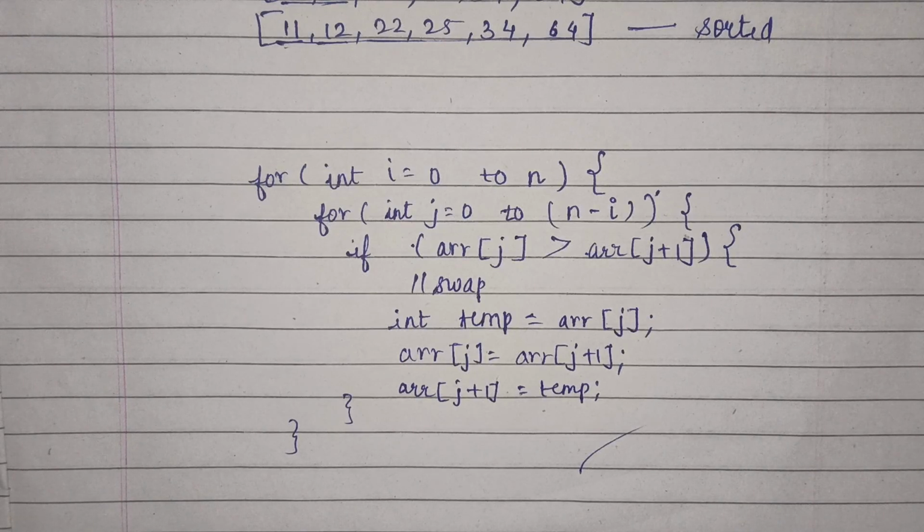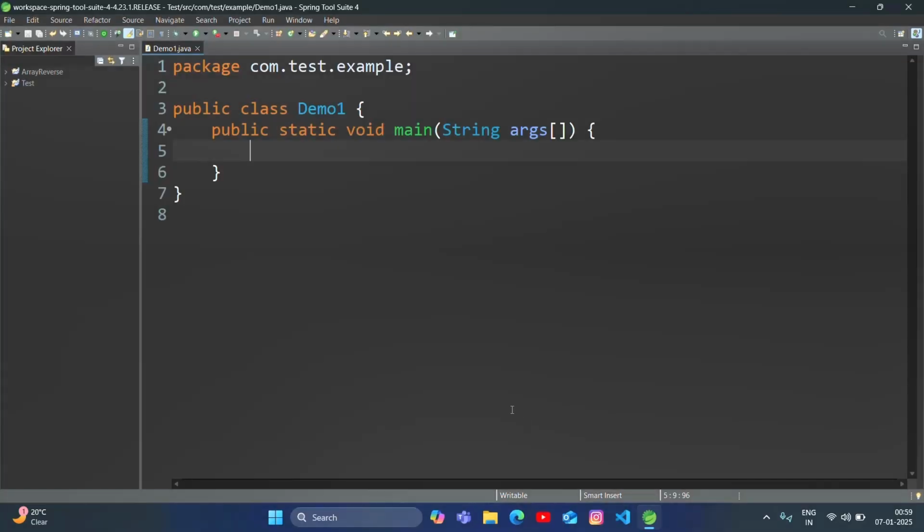Now let's write the code for it. So I have created a class here, demo1, and in that I have created a main method, and now I will create an array. So I have created an array here.